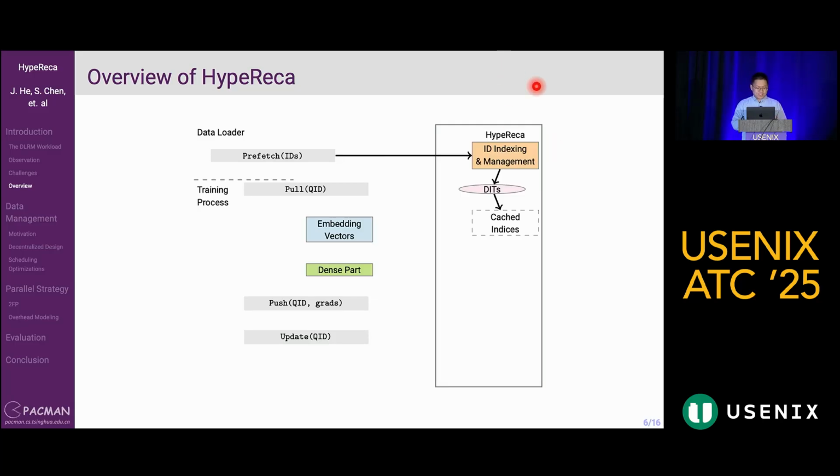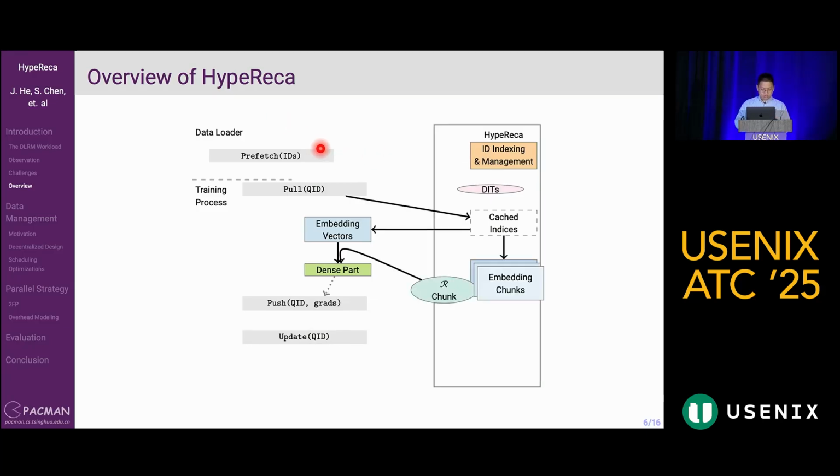This process is called prefetch because it can be integrated into the data loader of the training process. Second, we need to move the data actually from CPUs to GPUs, or from host memory to GPU memory. This is what we call the pull operation.